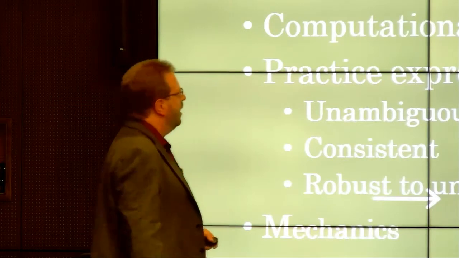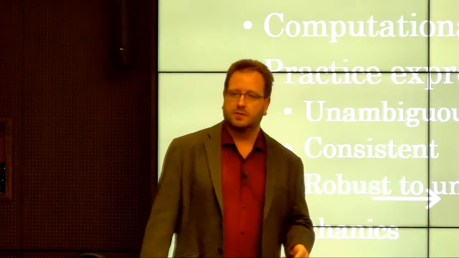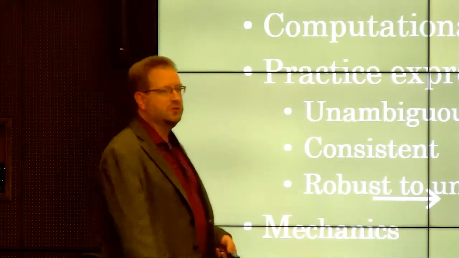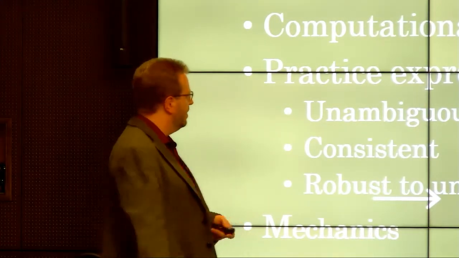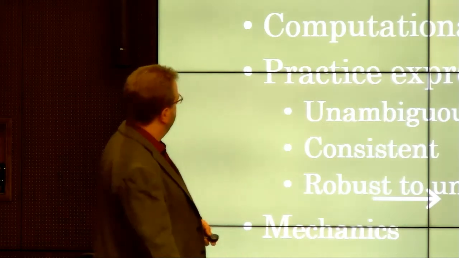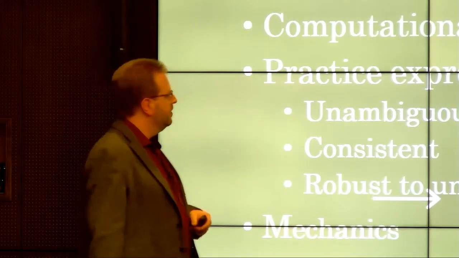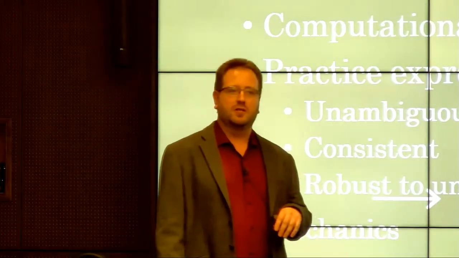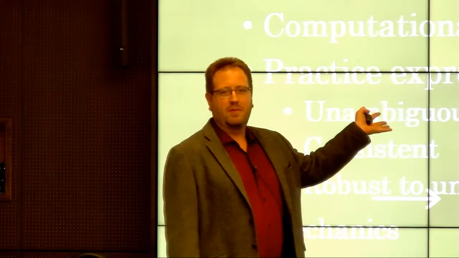Okay? As part of this, they need to practice expressing rules just in a way that they would be expressing rules to a computer program. So they need to be unambiguous. They have only one way of coming out. They need to be consistent, in that the rules don't conflict with each other. They need to be robust to uncertainty. One thing I haven't told you is that I have a lot of copies of this game, but they're not all the same copy.